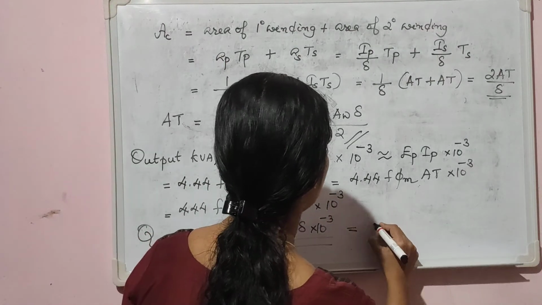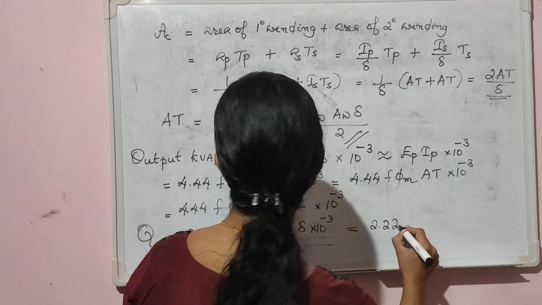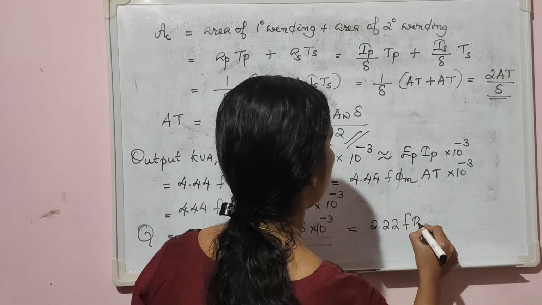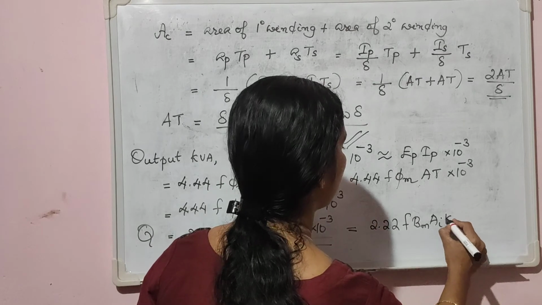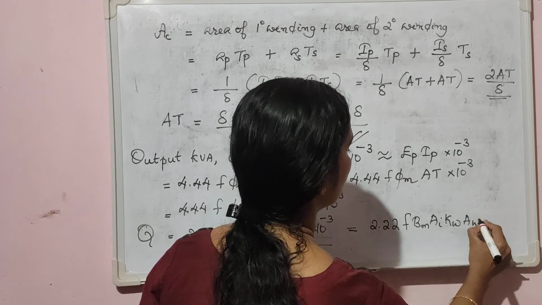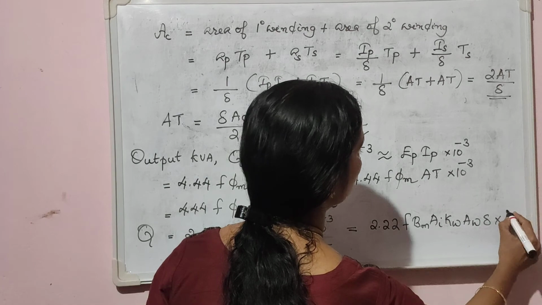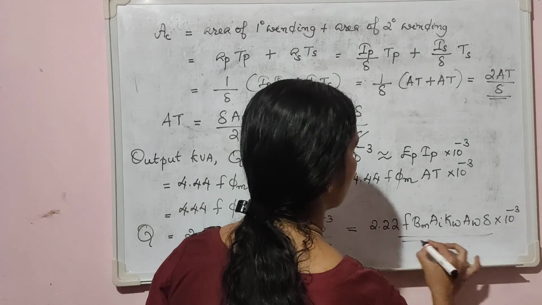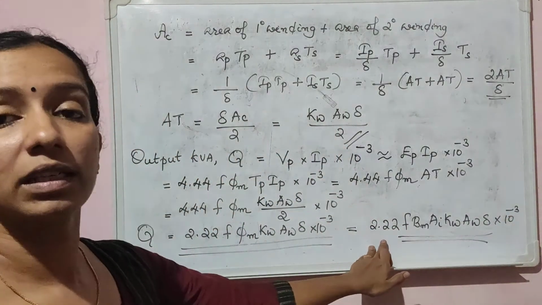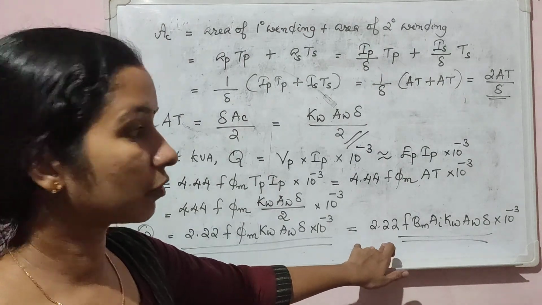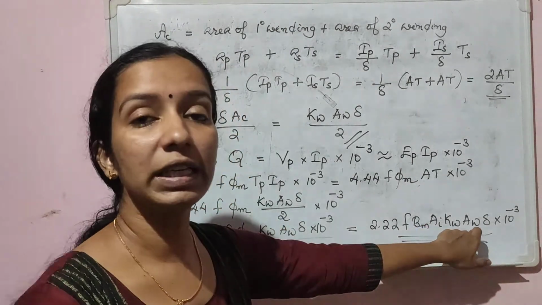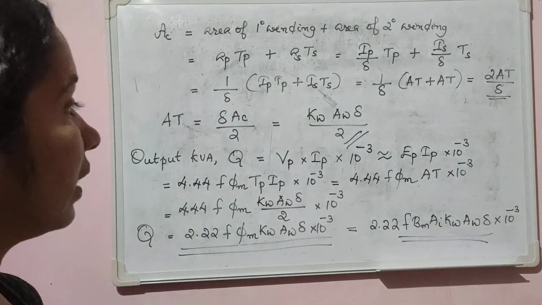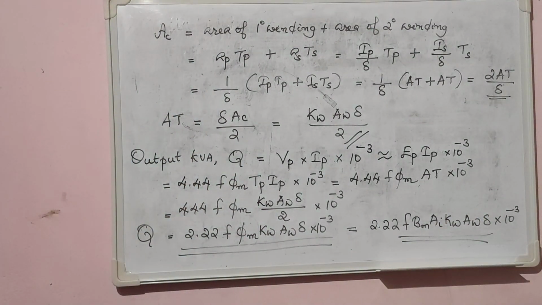So this will be 2.22 F into Bm into Ai into kW AW delta into 10 raised to minus 3. So now we have represented the output kVA of a transformer in terms of area of the core and area of the window. So this is the output equation of a single phase transformer.